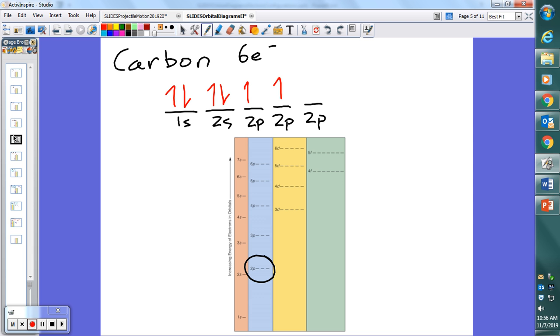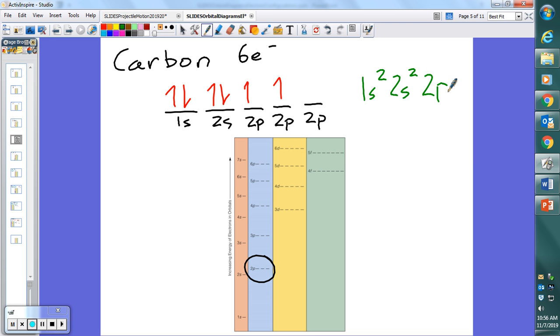So, for carbon, 1s2, 2s2, but here's where an electron configuration differs from an orbital diagram. When we have multiple orbitals of the same energy, right, in an orbital diagram, we draw them all separately.